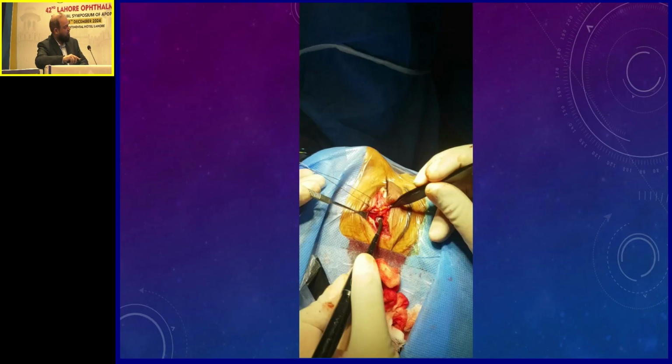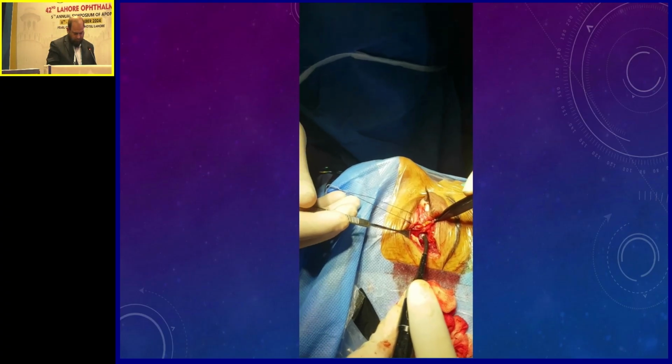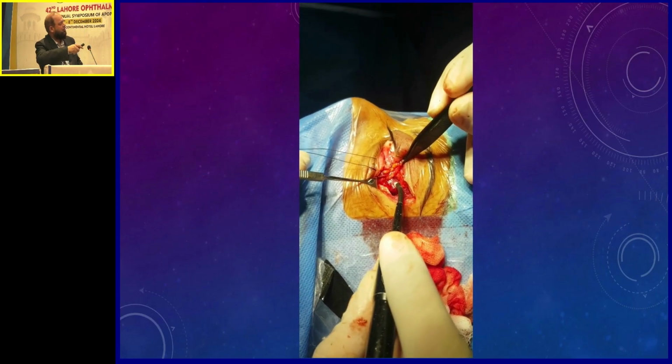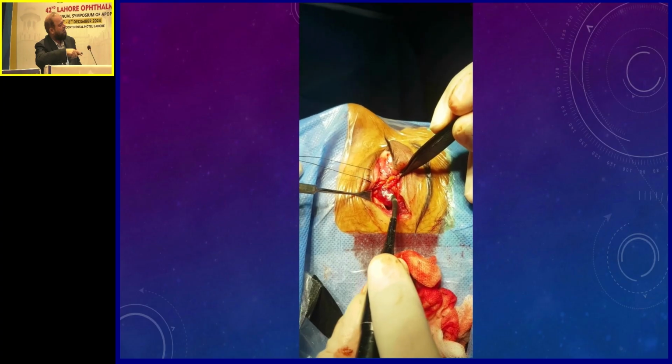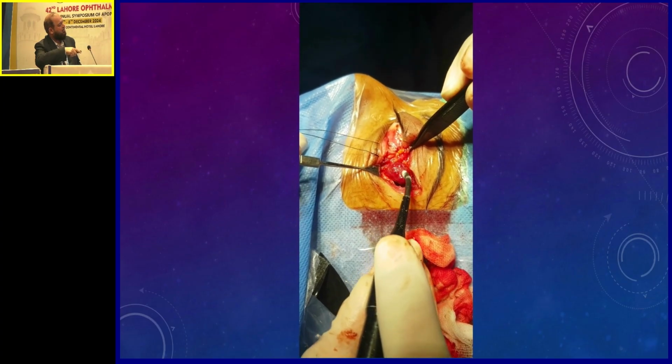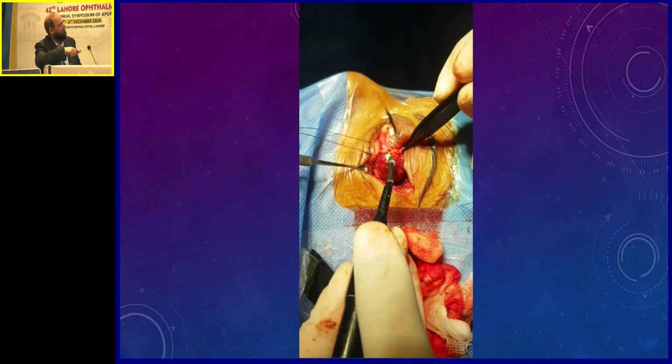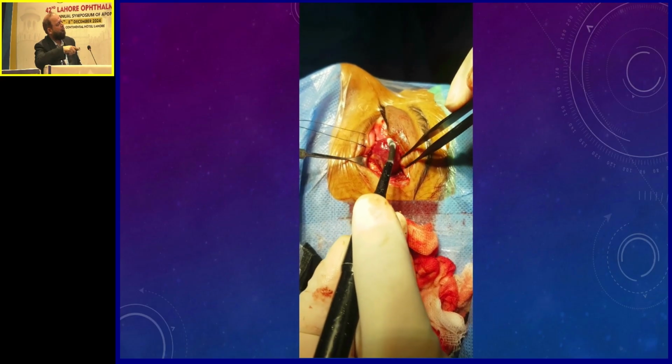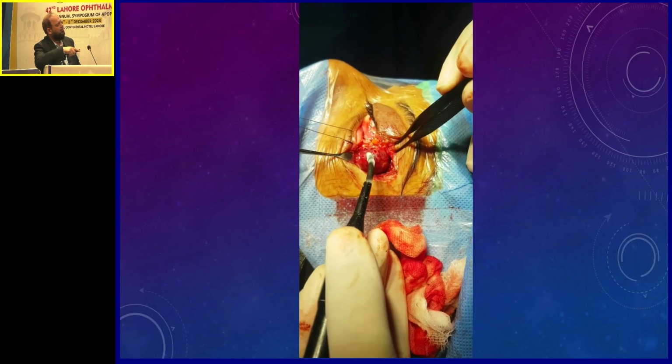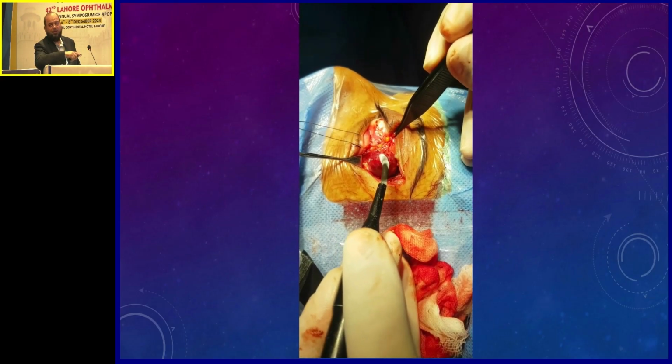Properly. So this is the video just to show you, you can see you have to be very gentle and very soft once you are removing with the cryoprobe.